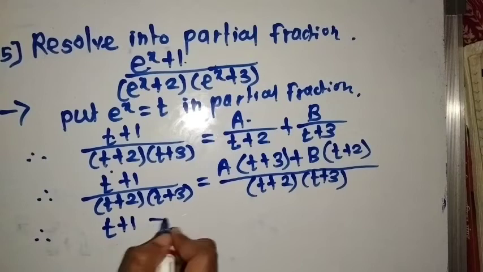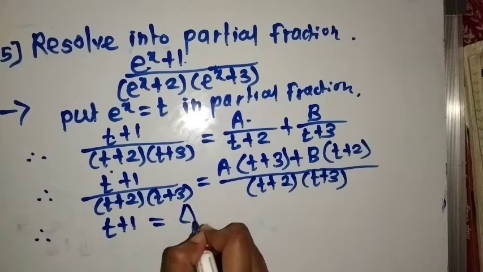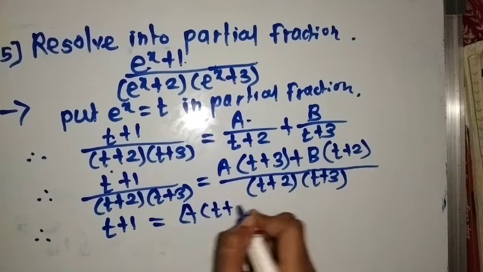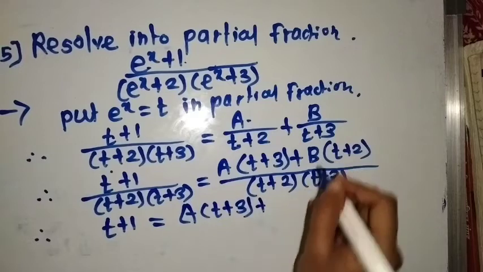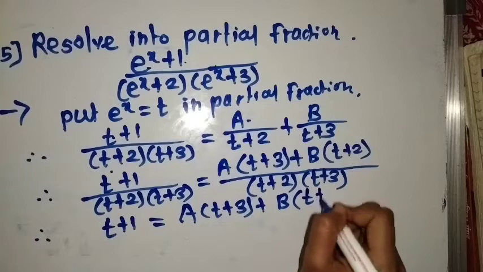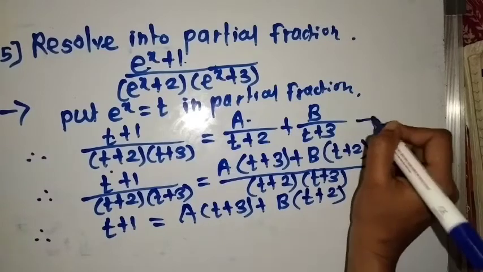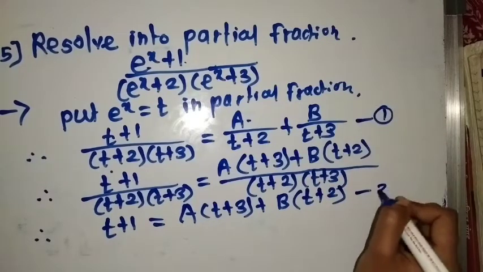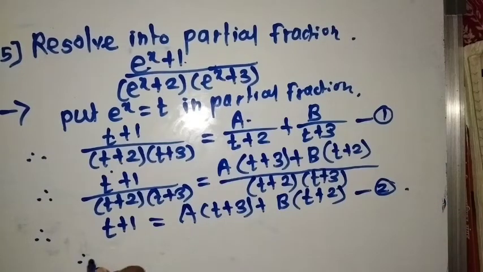t plus 1 is equal to a into t plus 3 plus b into t plus 2. This is the first equation, and this equation is the first upon.